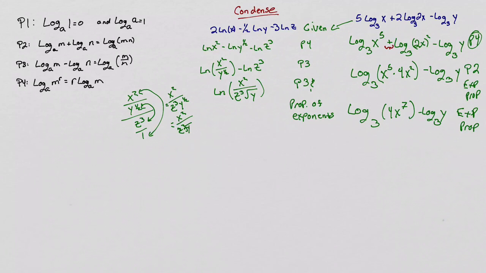From here, we're going to go ahead and condense it. We're going to use our quotient property, which we have labeled as our third property over there. So we'll end up with log base 3 of 4x to the 7th divided by y. And of course, that is our third property or our quotient property. And then from there, you are condensed.